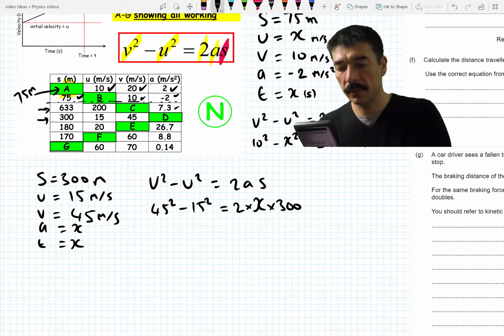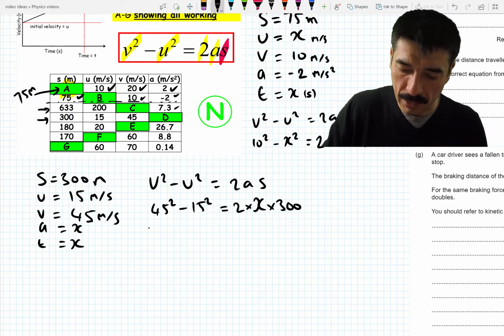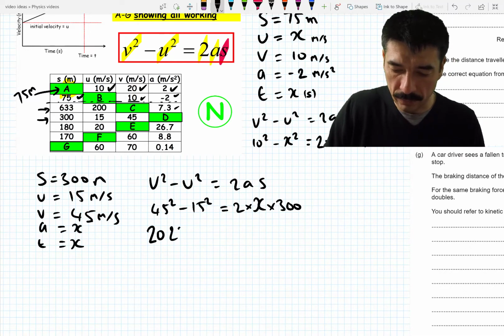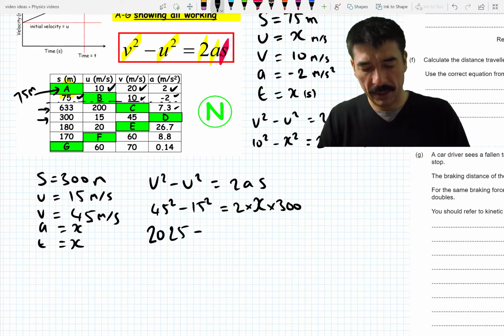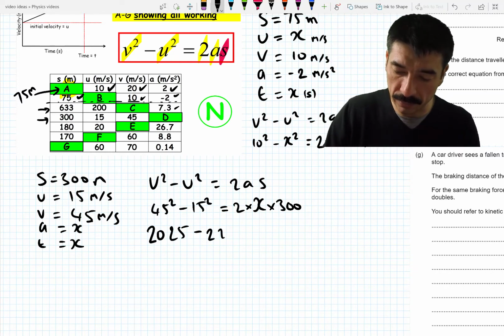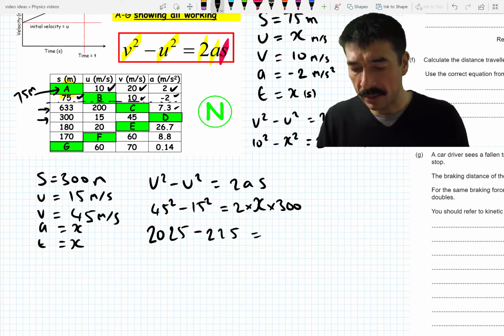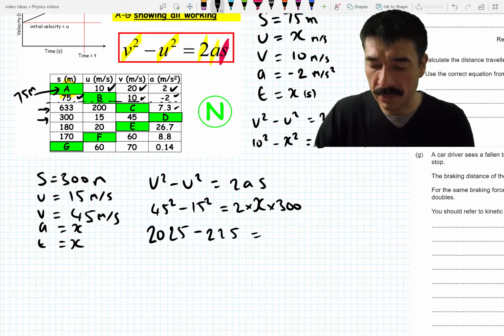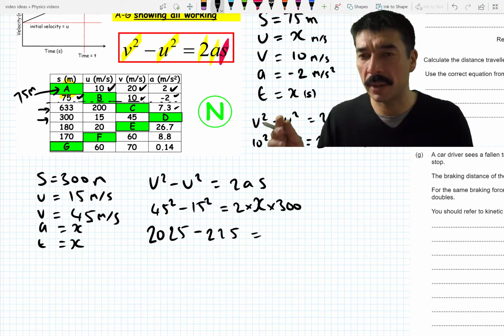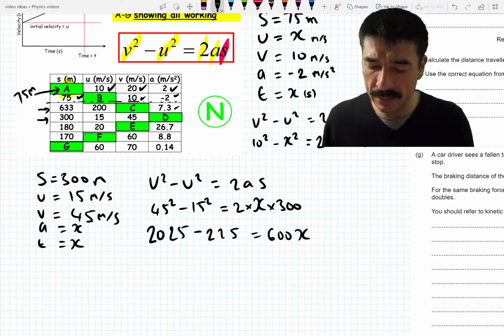You need them. 45 squared is 2025 minus 15 squared. I can't do that in my head. 15 squared is 225. 225 should be equal to... I can still simplify this, so it's going to be 2 times x times 300. Order of multiplication doesn't matter. That's 600x.